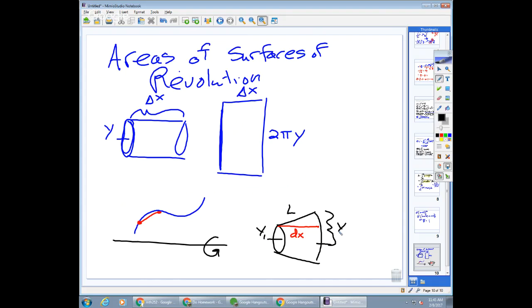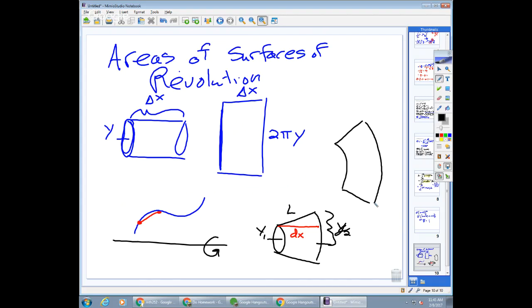Let's call that y2. That's not 1/2. That is a y2. If we unwrap that thing, we're going to get something that looks like this. It's like a teepee unrolled with a big opening at the top.